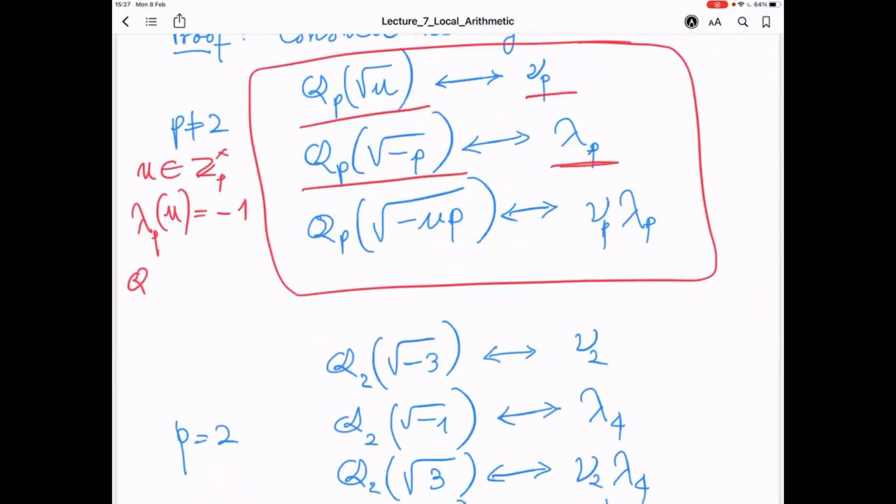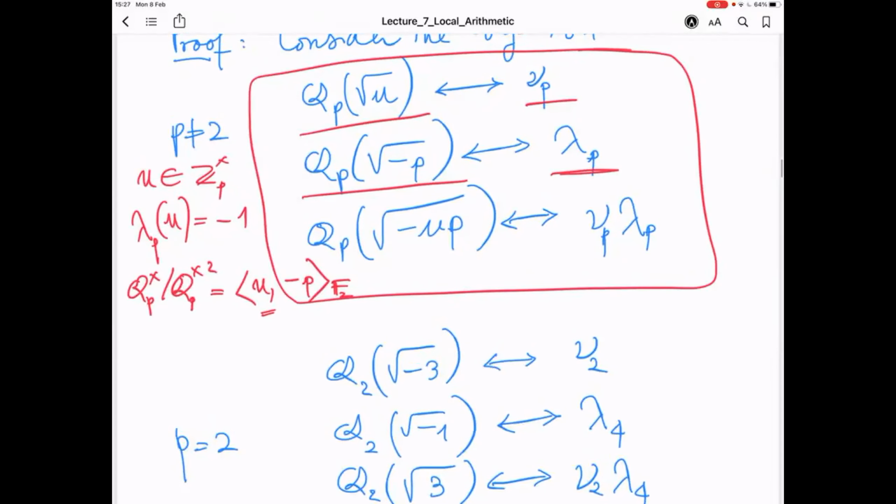Of course, Q_p star modulo squares, as a vector space over F_2, has a basis consisting of two elements, u and -p. I could have taken p, but that would have made the formulae more complicated. So I've taken -p, which makes the bijection easier to write down.